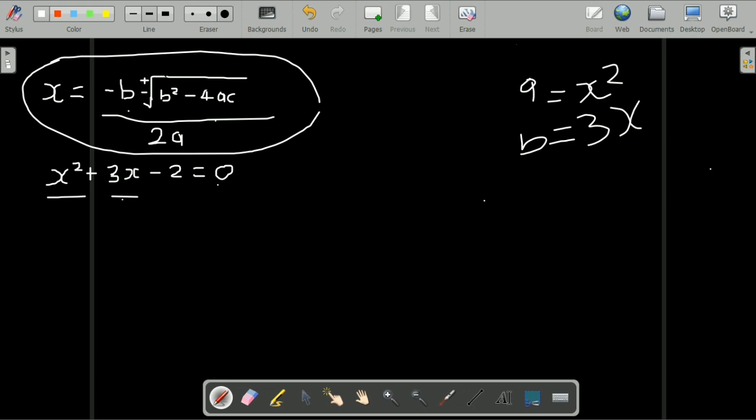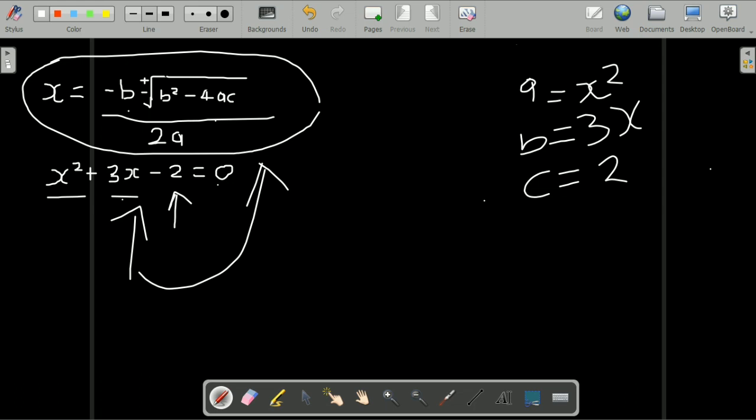Then we go to C, which is the constant, the 2. Have you guys understood? So whatever is here in the equation will be substituted in this quadratic formula in order to get the answers that we need.